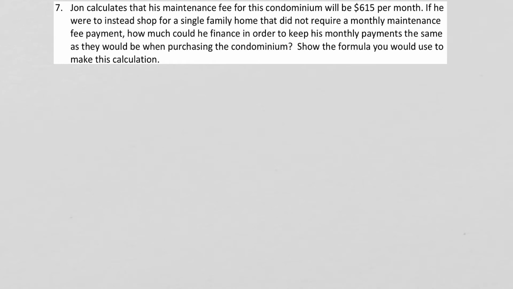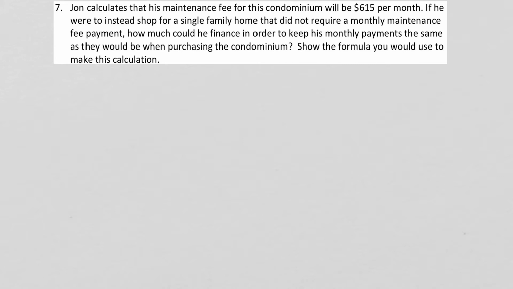Okay, John calculates that his maintenance fee for this condominium will be $615 a month. If he were instead to shop for a single-family home that did not require a monthly maintenance fee payment, how much could he finance in order to keep his monthly payment the same as it would be when purchasing a condominium?